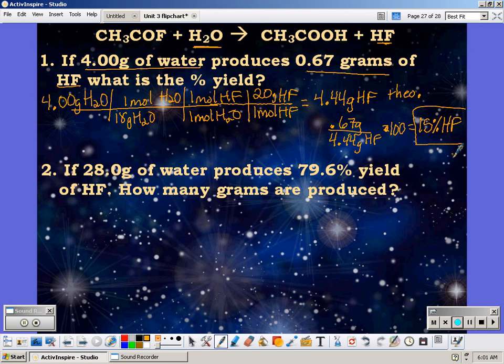Alright, so then we come down here. If we started with 28 grams of water, and it produces a 79.6 yield, how many grams were actually produced? How many grams are produced? So let me figure out theoretically how much should have been produced. Same process, taking our grams of water to grams of HF.